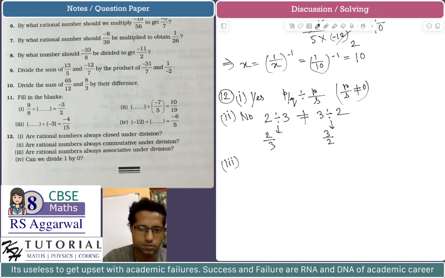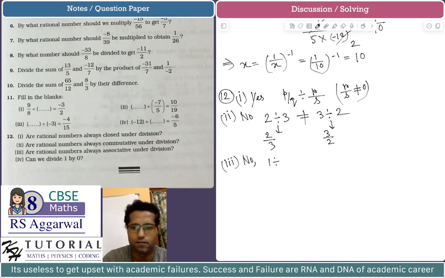Are rational numbers always associative under division? No. It is not associative under division, because if you consider, let's say, I am taking a very simple example to prove that rational numbers are not always associative under division.